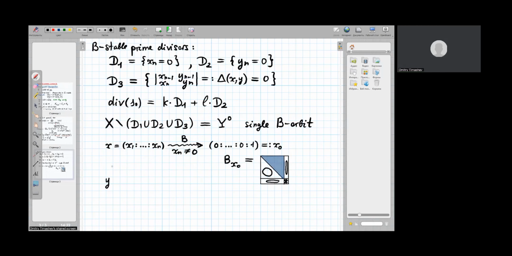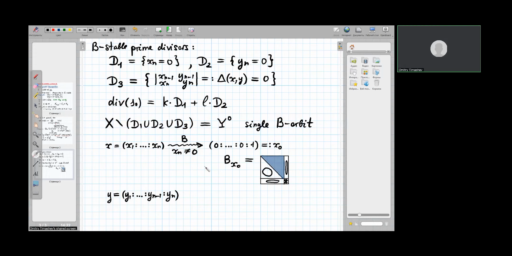If you have a point y, which is again a tuple of projective coordinates considered up to a multiple, y1, etc., y n minus 1, yn, then we want to put this y to a canonical form.